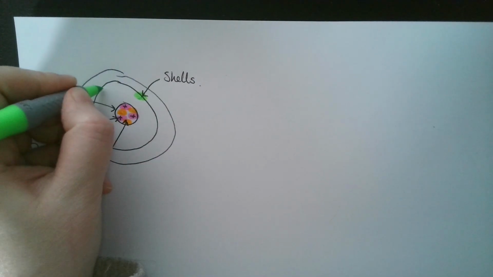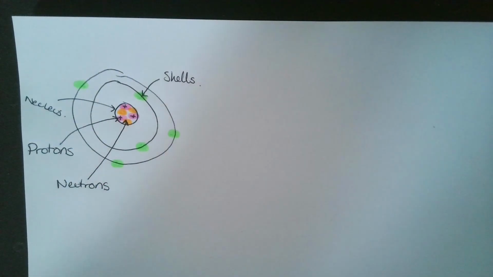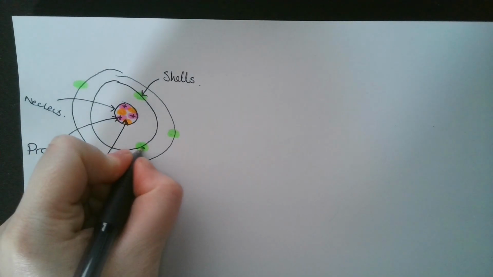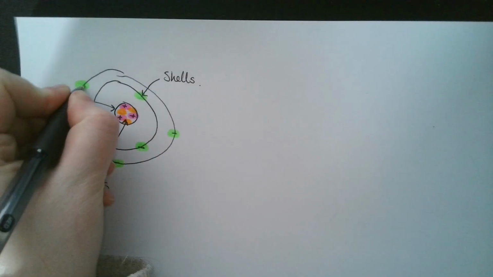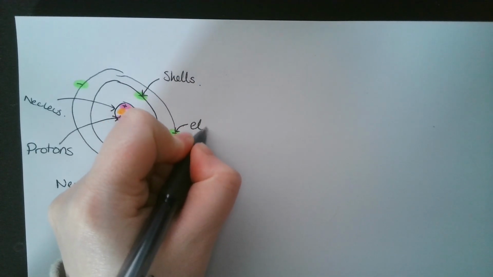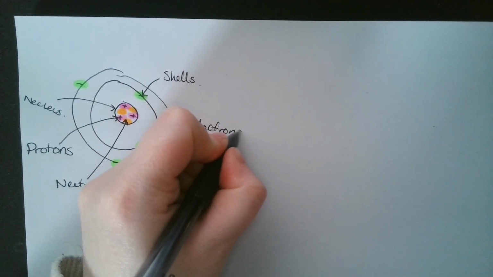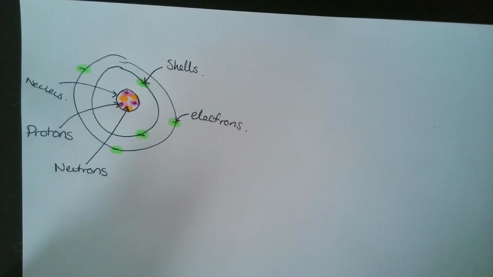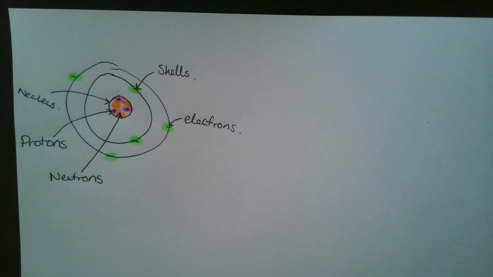I will build up on this, don't worry. And in the shells, we have the third subparticle, and these are negative. These are called electrons.